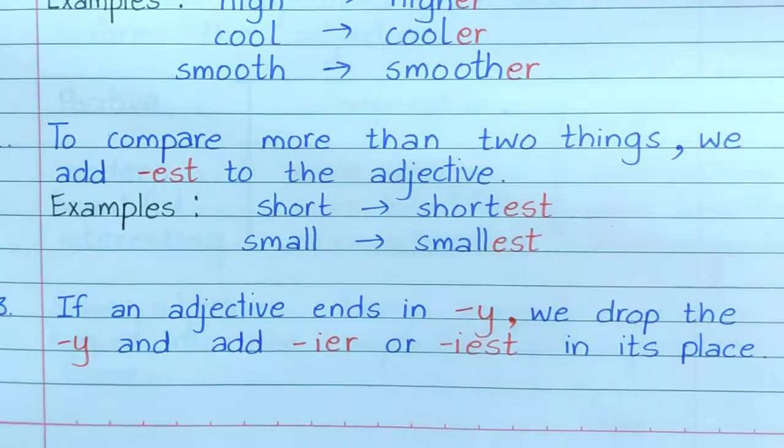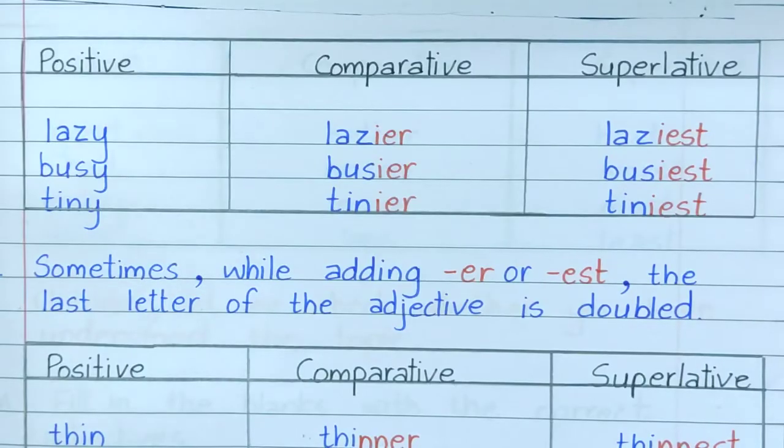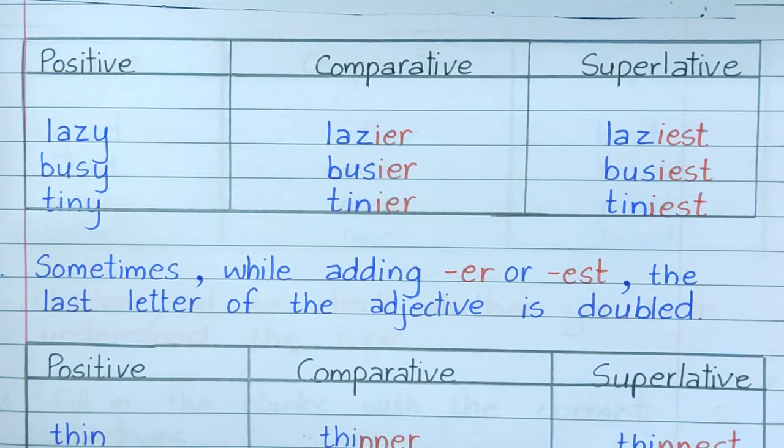Rule number 3. If an adjective ends in y, we drop the y and add ier or iest in its place. Example: lazy, lazier, laziest. Busy, busier, busiest. Tiny, tinier, tiniest.